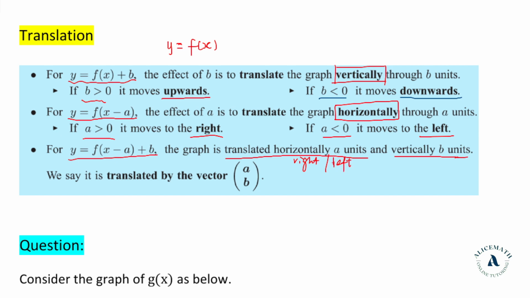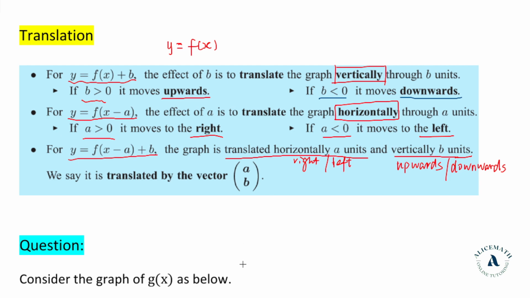Translate vertically b units means either translate upward or move downward. So we say it is translated by the vector (a, b). So the first element a means horizontally a units, and the second element b means translate vertically b units.